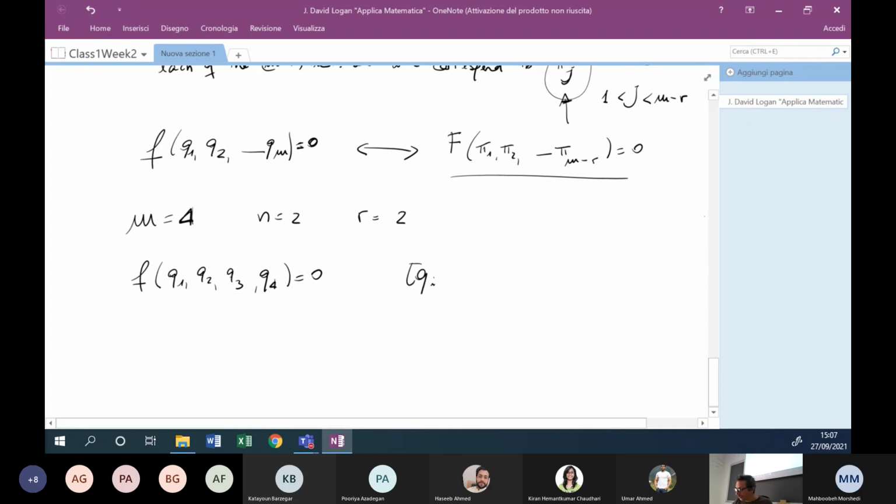So for each qi, with i running from 1 to 4, the dimension of qi is equal to L1 to the power A1i times L2 to the power A2i.